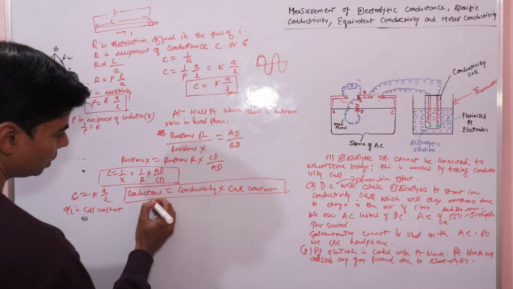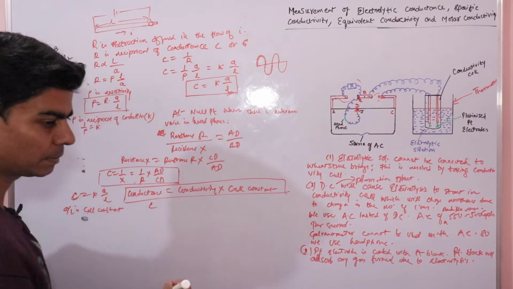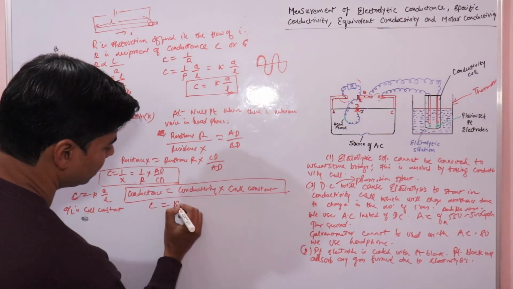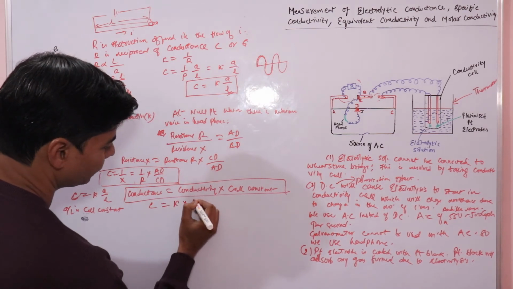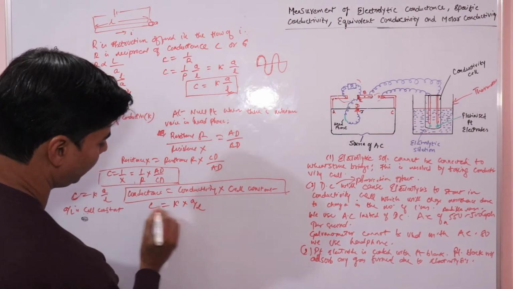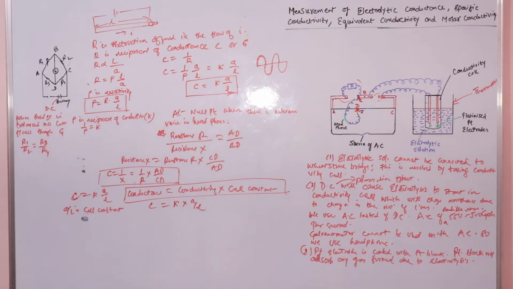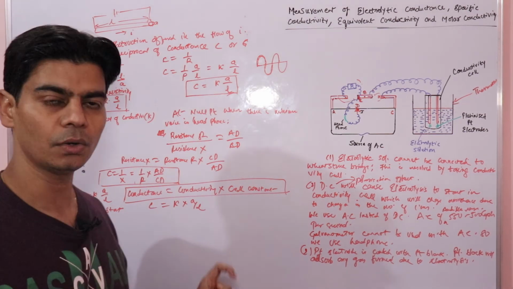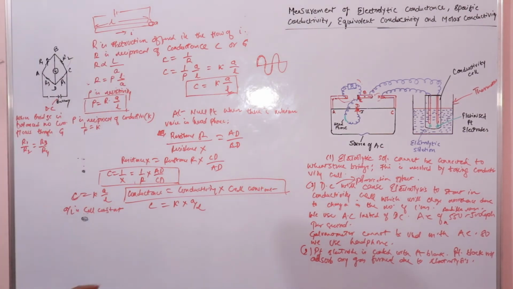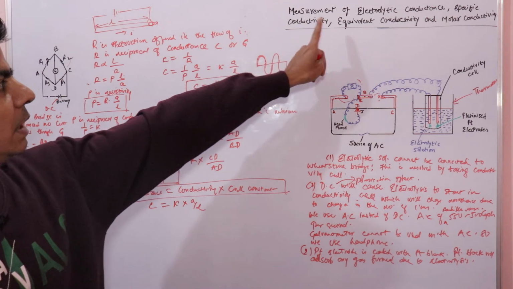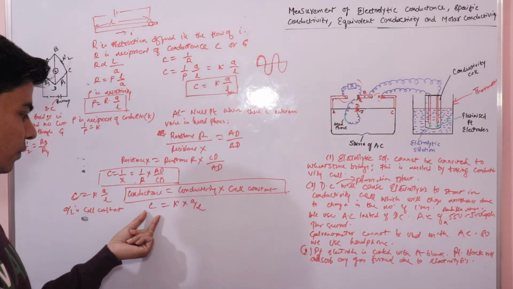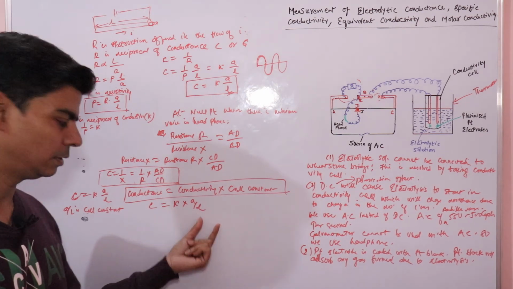This is denoted by C, or sometimes it may also be denoted by G in some of the books. Conductivity is kappa into this cell constant, A upon L. This is the relationship. And this kappa is your conductivity or your specific conductivity, right? So we said we'll calculate the specific conductivity. The specific conductivity can be calculated if you know conductance and the cell constant.